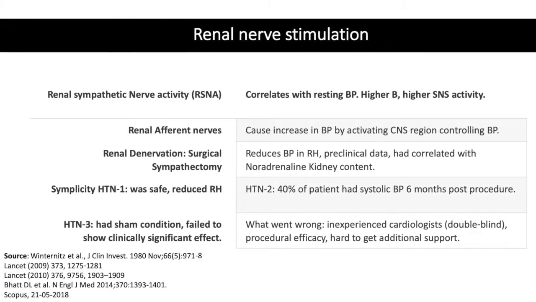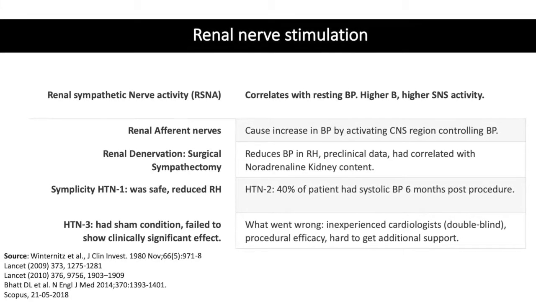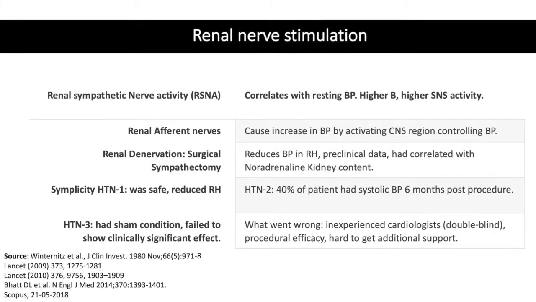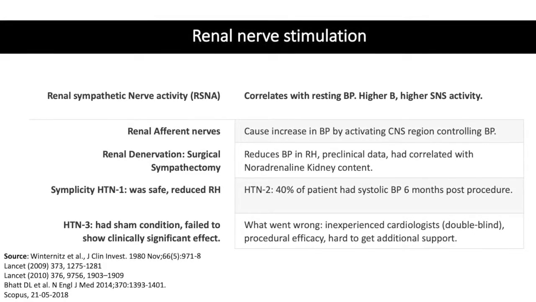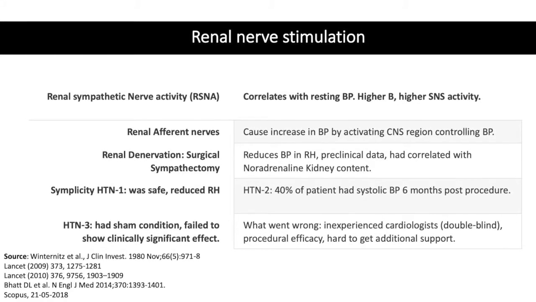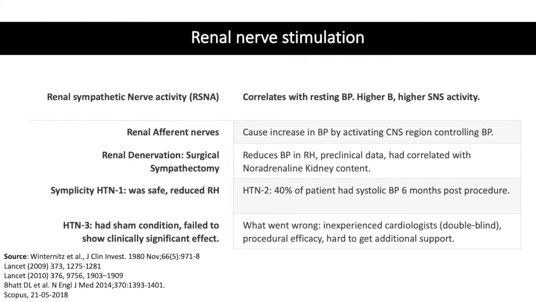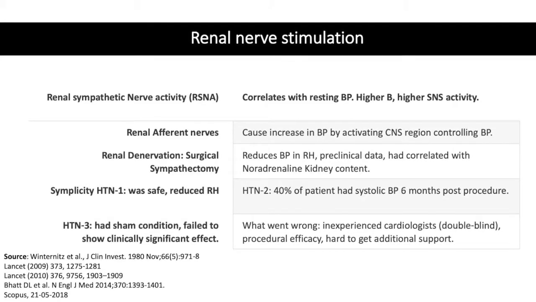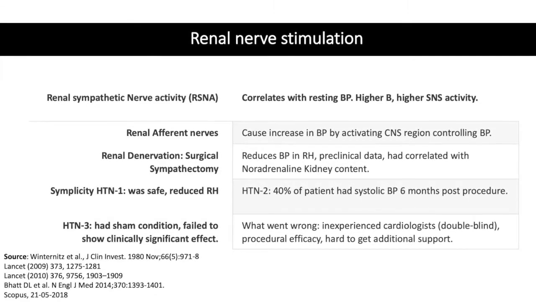Simplicity HTN1 was a study which showed that renal denervation was safe and it reduced resistant hypertension. HTN2 found that 40% of patients had reduced systolic blood pressure 6 months post-procedure.